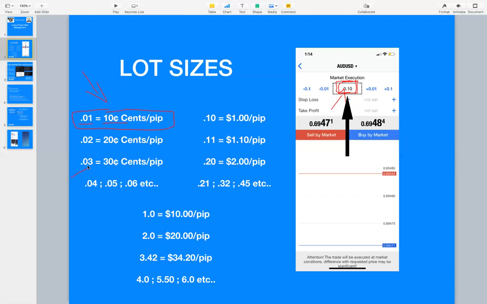A 0.03 is 30 cents. 0.04, 40 cents, 50 cents, 60 cents. 0.07, 70 cents. 0.08, 80 cents. 0.09 is 90 cents. Now, as soon as we go above 0.09, then that's when we go into the dollar. So add 10 cents, because 0.09 is basically 90 cents per pip. Now, if we add 10 cents to 90 cents, that's a dollar.